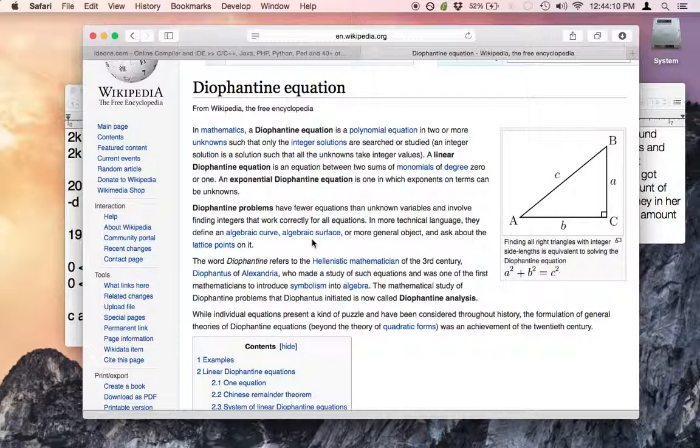Now, here's another critical piece of information. While individual equations present a kind of puzzle and have been considered throughout history, the formulation of general theories of Diophantine equations was an achievement of the 20th century. So this is actually a branch of mathematics that's still an area of research, and definite approaches have been developed in more recent times.